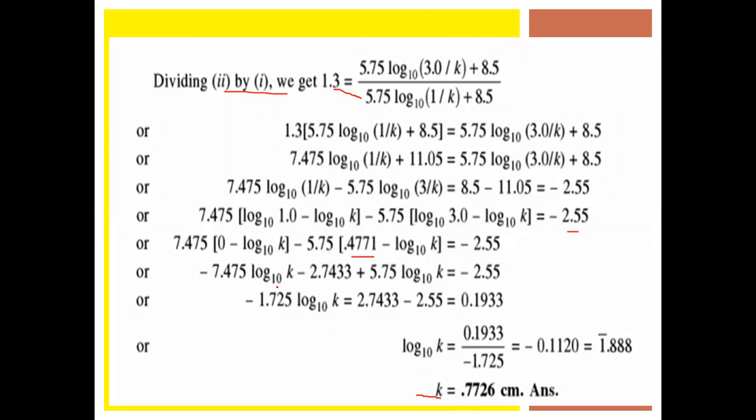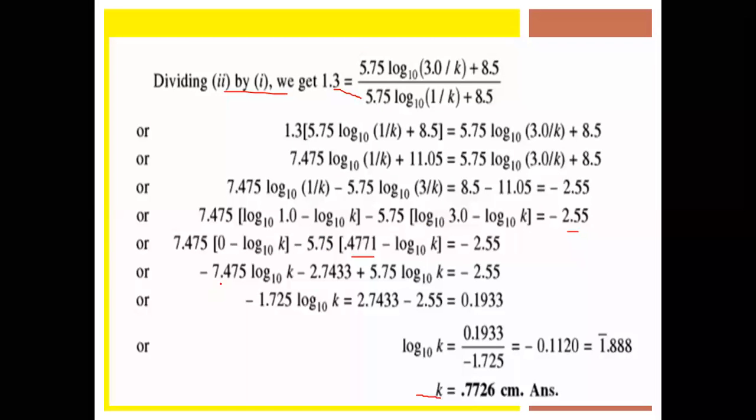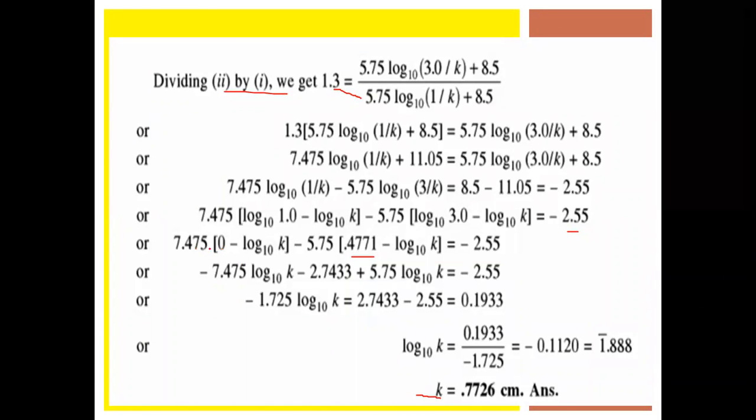Upon taking log k to one side, multiplying these, we get minus 7.475 log k plus 5.75 log k minus 2.55. Therefore, subtracting these, we get minus 1.725 log k is equal to, bringing to the right hand side, 2.7433 minus 2.55. So that is the value you are getting.